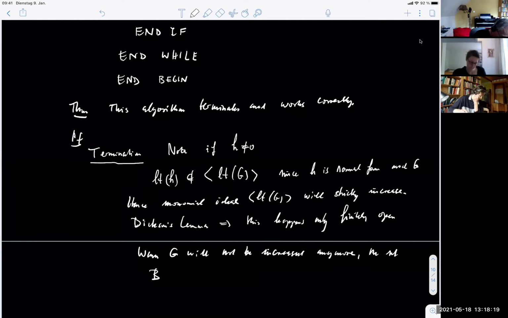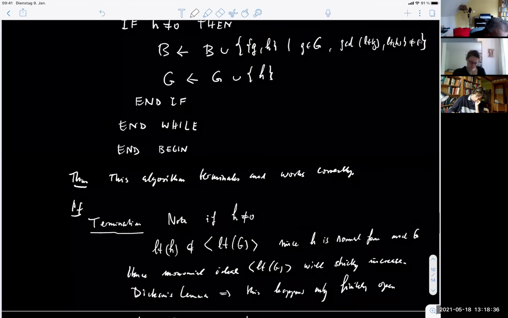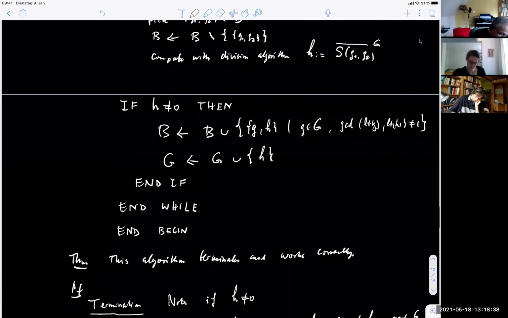The set B is reduced in cardinality in each step, because, maybe go back to the algorithm. That's what happens here.